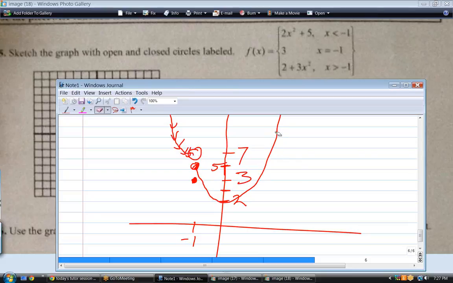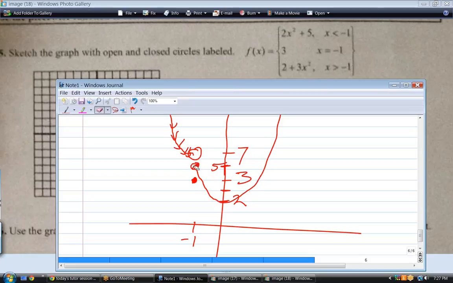As I approach it from the right, what does it approach? 5. Exactly. And what is it at negative 1? 3. Yes. So here's the classic case for limits. As you approach it from the left, it's 7. As you approach it from the right, it's 5.